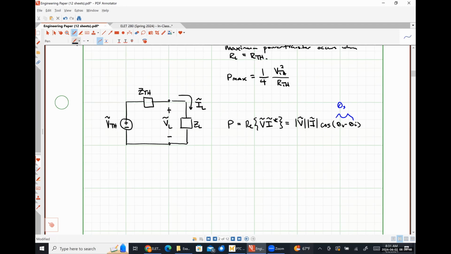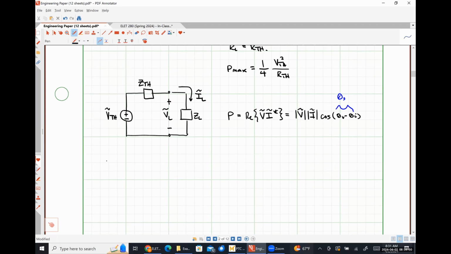The voltage drop across my load, we can find once again just using voltage division. So that's going to be V Thevenin times ZL over ZTH plus ZL.